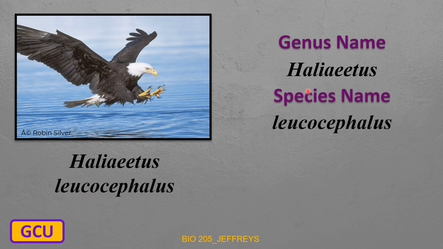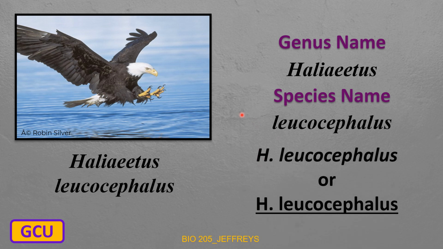And so the genus name is Haliaeetus, species name is leucocephalus. If you want to abbreviate, it's H. leucocephalus. This is in italics, or you can abbreviate it H. leucocephalus in standard text, but underline the whole thing.